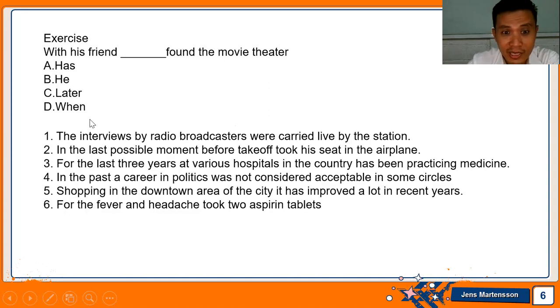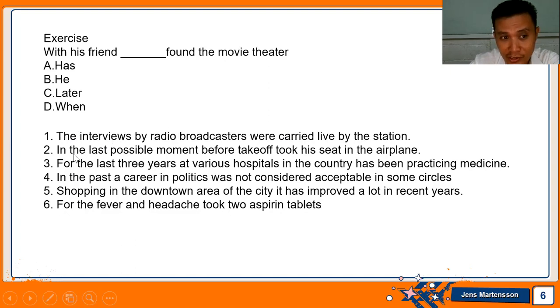Do you find a subject here? What is the subject? Radio broadcaster, sir. The interviews. Yes, the interviews were carried live by the station, right? So the sentence is good, it is correct.